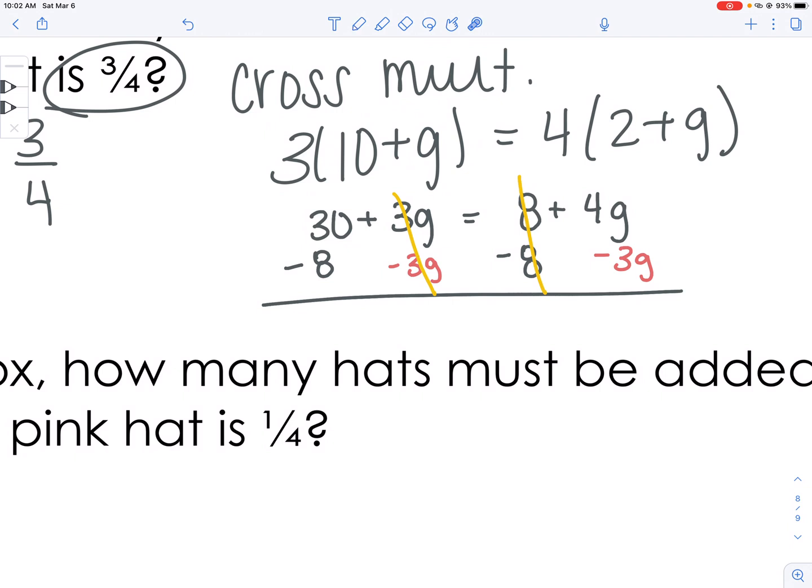So now on the left, I have 30 minus 8, or 22, equals 4G minus 3G. That's what I have left on the right, which is 1G. So I have that G equals 22.